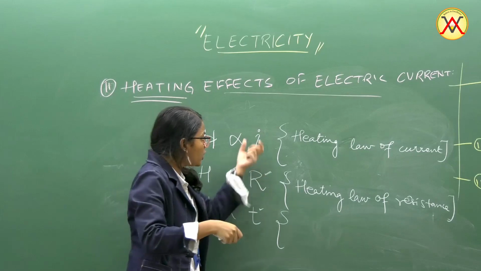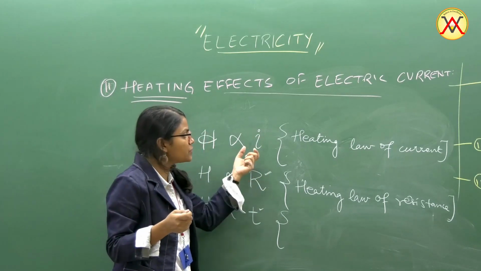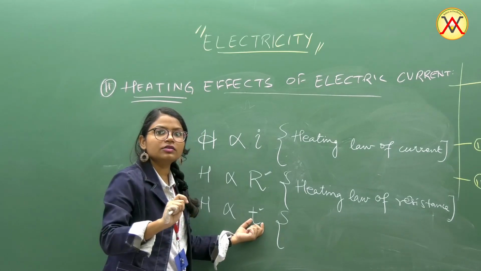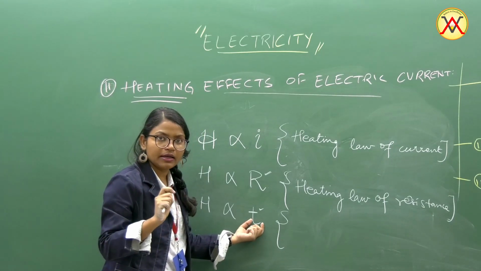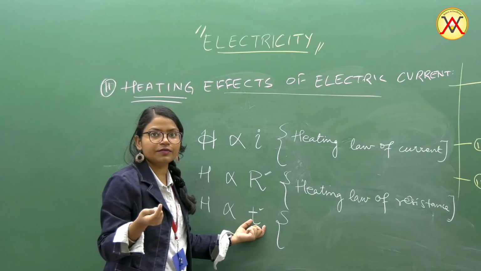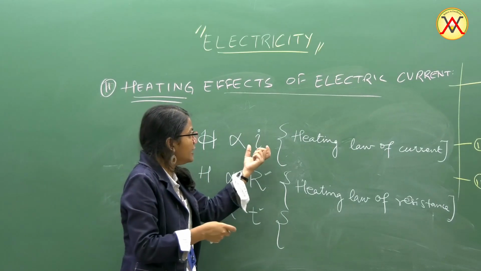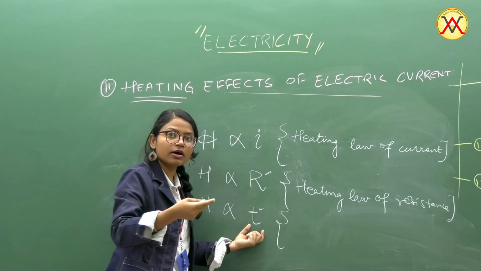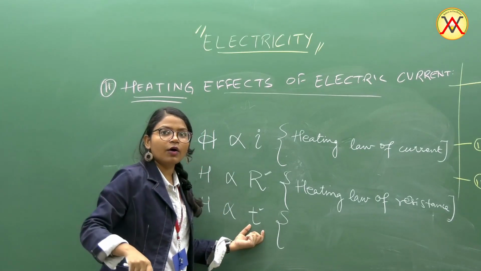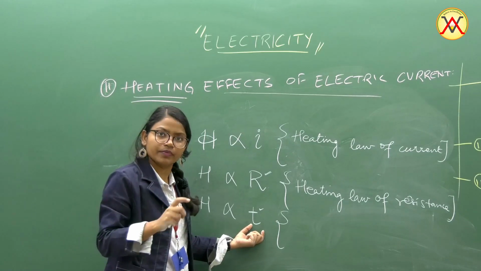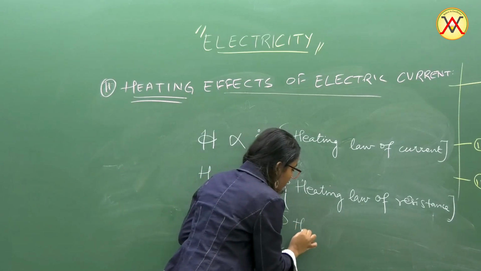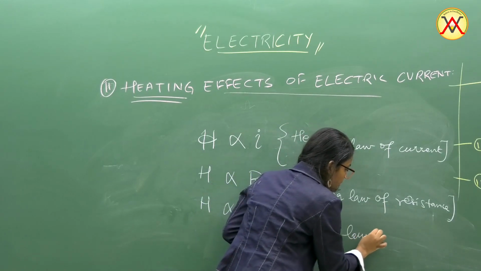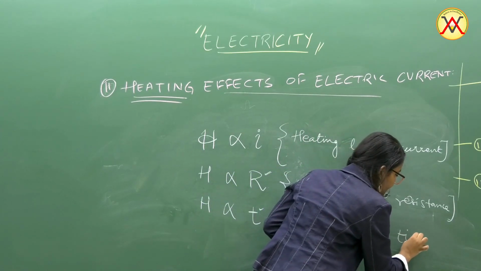If water is to be heated up using a heating rod, for lesser time, less amount of water gets heated up, right? But for more amount of time, if you just leave this current through that heating rod for a longer time, what would happen? Our water gets heated up more, right? So this law is known as heating law of time.